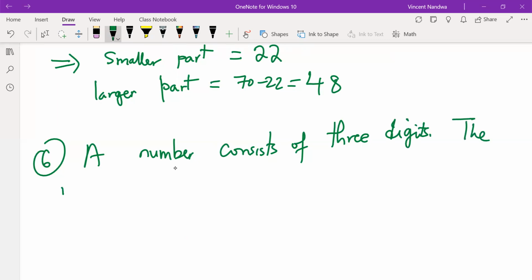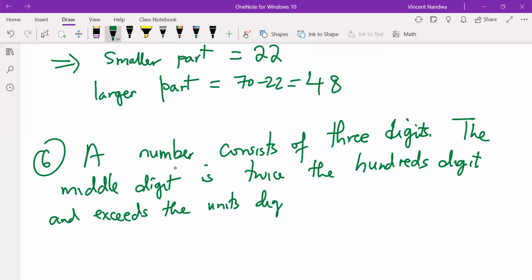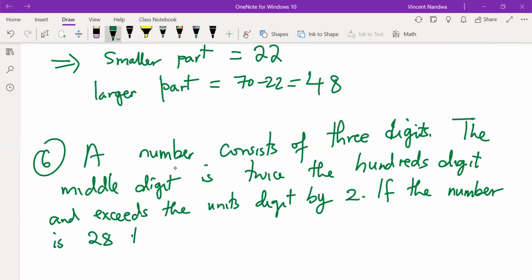The middle digit is twice the hundreds digit and exceeds the units digit by 2. If the number is 28 times the sum of its digits, find the number.